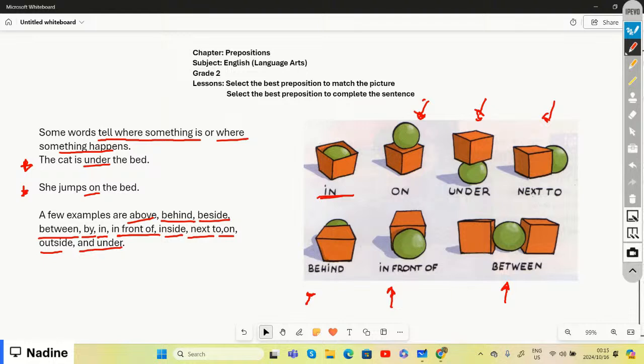These are but a few examples of prepositions. It tells us where something is, where it is happening.